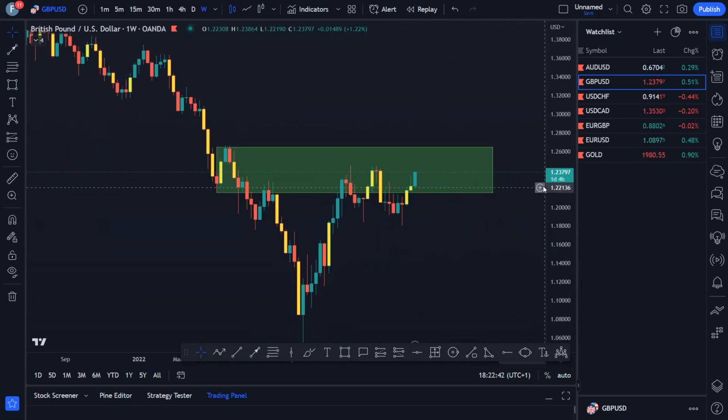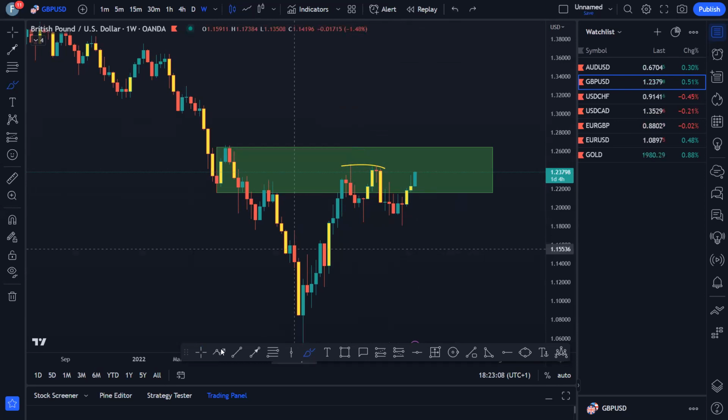If you remember my session, I talked about these equal highs, and what this means is that there's a lot of liquidity here. A lot of orders here, people's stop losses, people's pending orders are here.